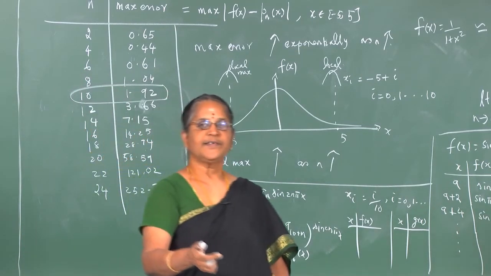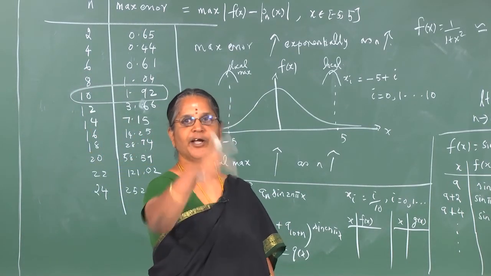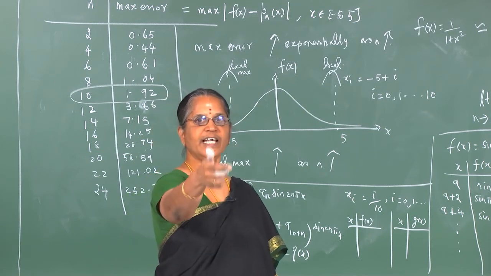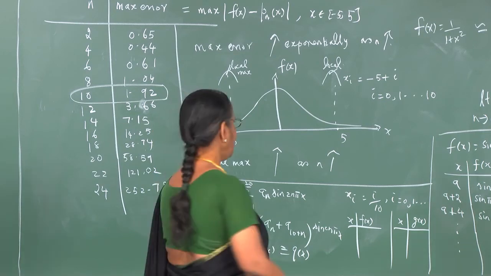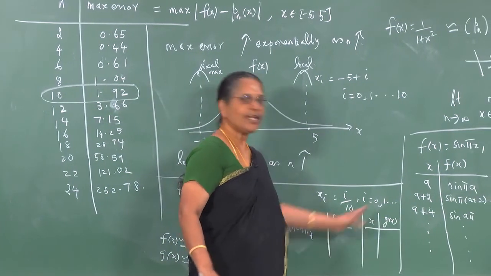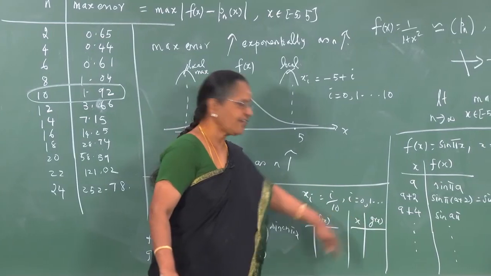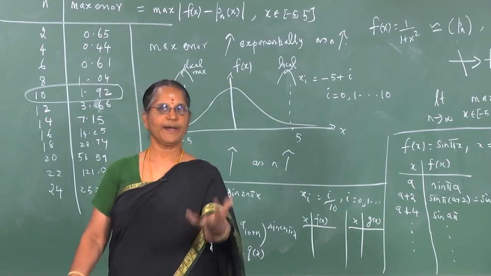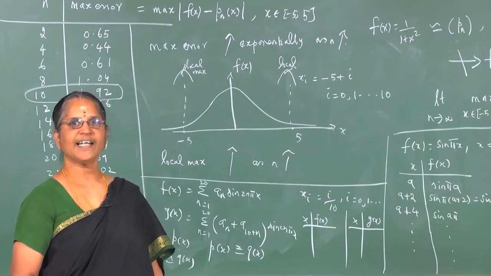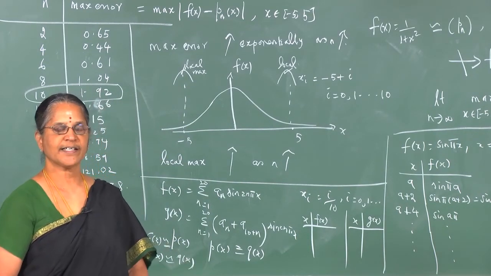Suppose say a priori you did not know f of x and g of x. You are only given the set of table values, either this or this, they are one and the same. Then you would obtain an interpolating polynomial, call that as p of x at a set of say n plus 1 points.